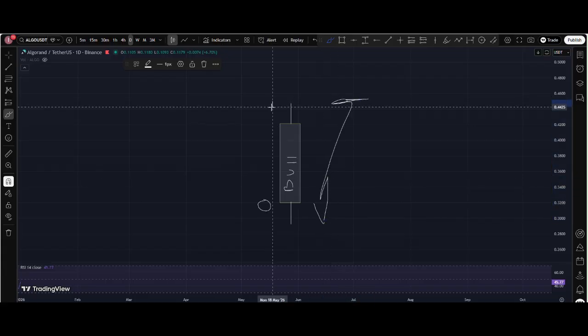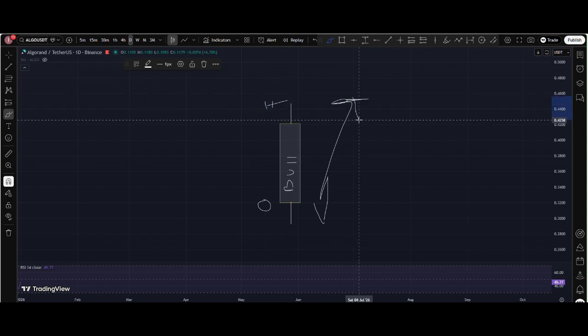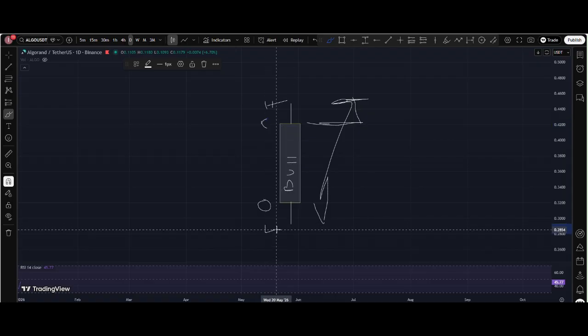This is the highest point, and next the market goes down. This area is the close price. This area is the lower price.